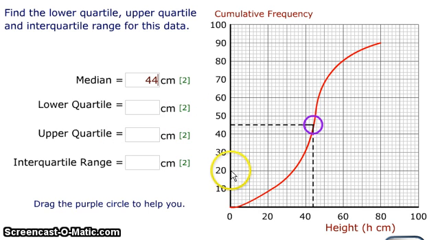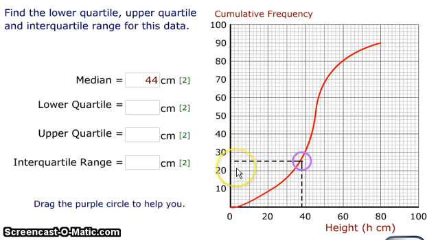The lower quartile is a quarter of 90. So a quarter of 90 is going to be somewhere down here. 4 into 90, that's about 22.5 roughly.